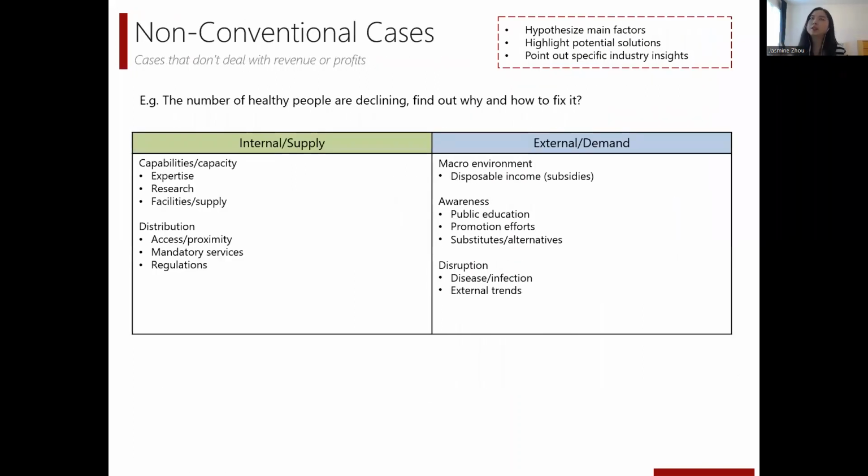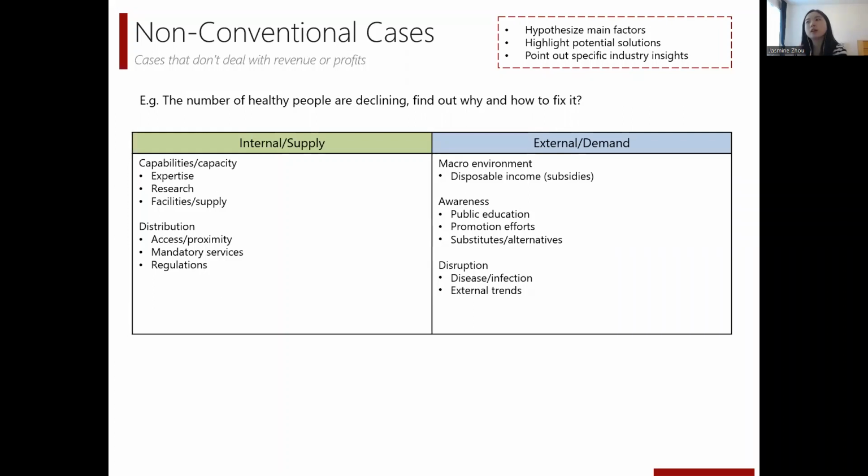And the last type of case that I just want to touch upon is non-conventional cases. So sometimes you will get a case that doesn't deal with revenue or profits. And sometimes those types of cases can throw you off because you can't really use your traditional revenue and costs or profitability case buckets, because there are no revenue numbers or profit numbers that you're dealing with.